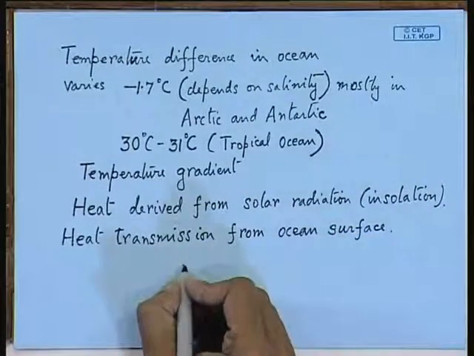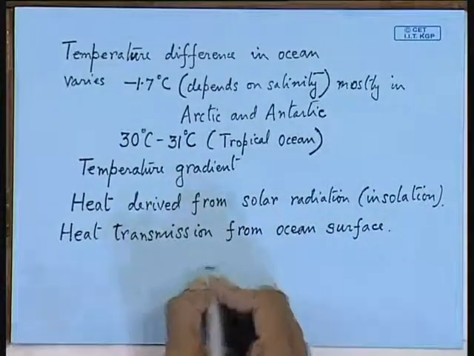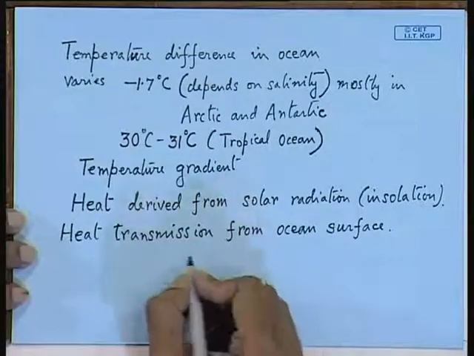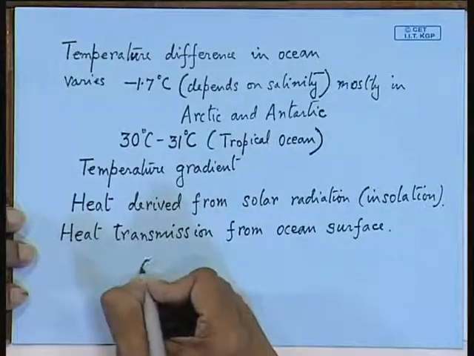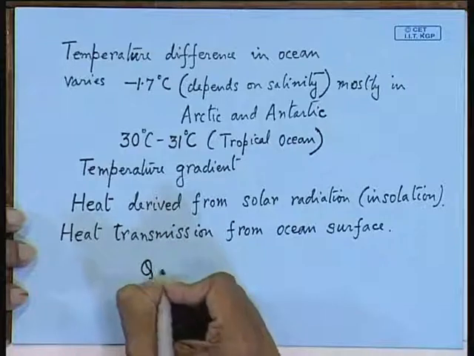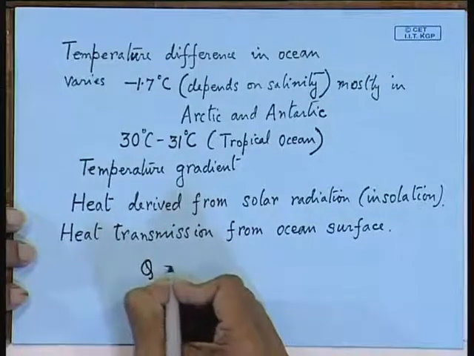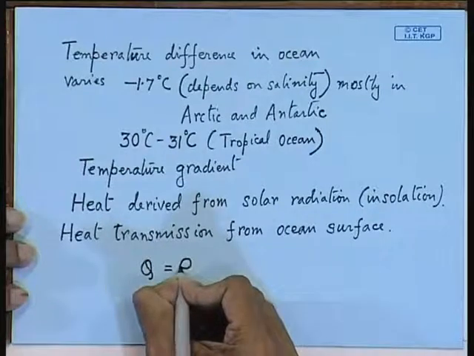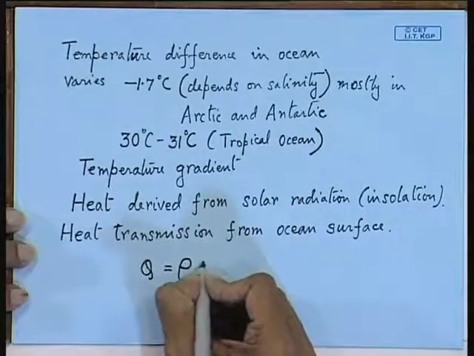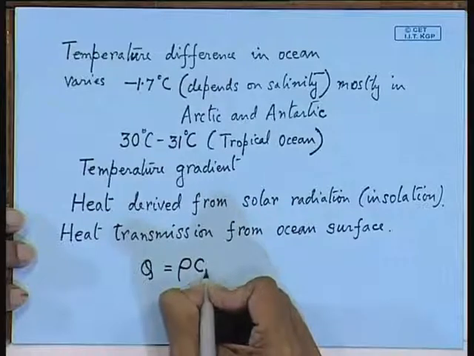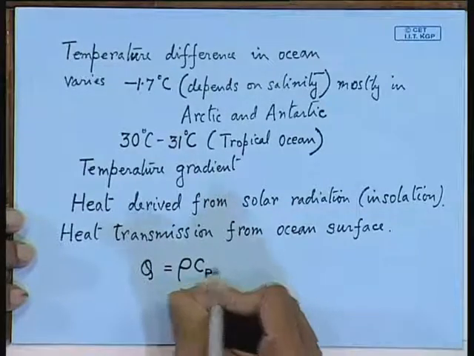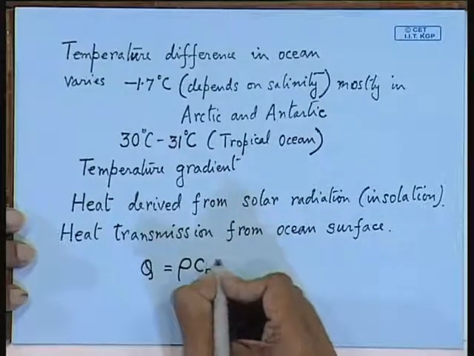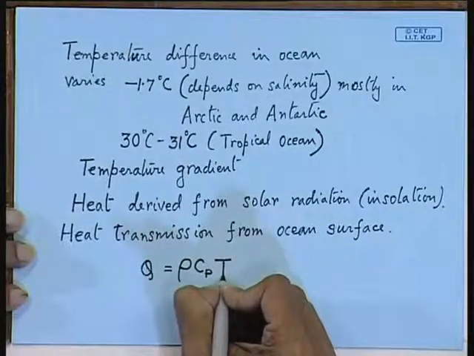So, the equation is the quantity of heat, that is normally you will find in British thermal units. So, this is your rho, the density of seawater, and you have to find out the specific heat. Cp is the specific heat and T is your temperature in degree Kelvin.